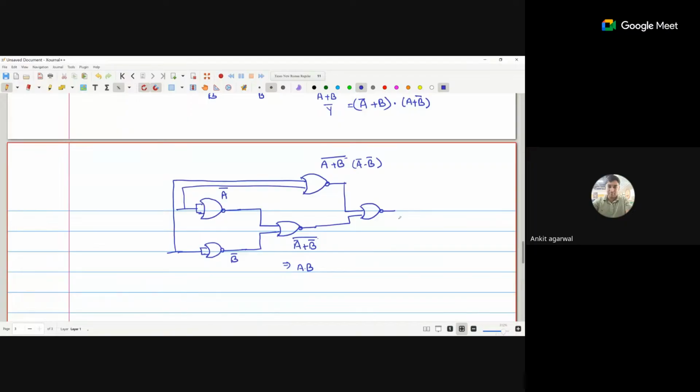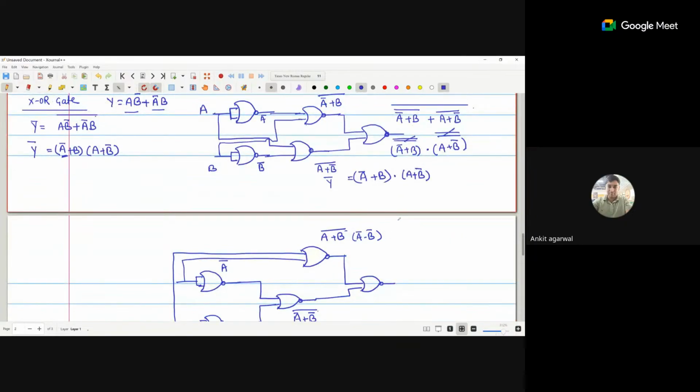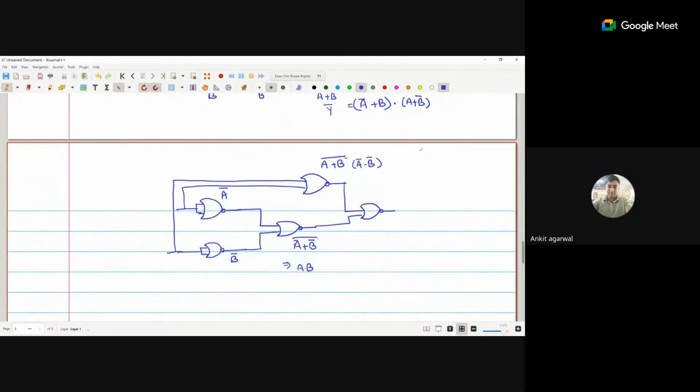If I use this, AB plus A bar B bar whole bar, that is A bar B plus AB bar.